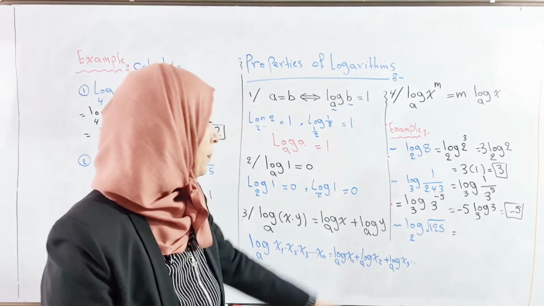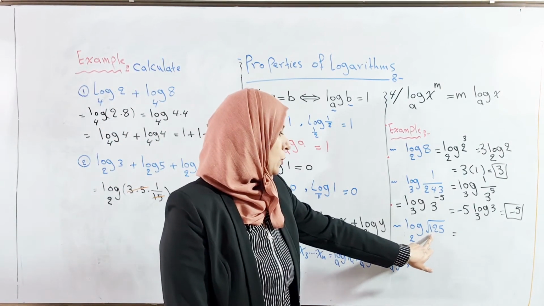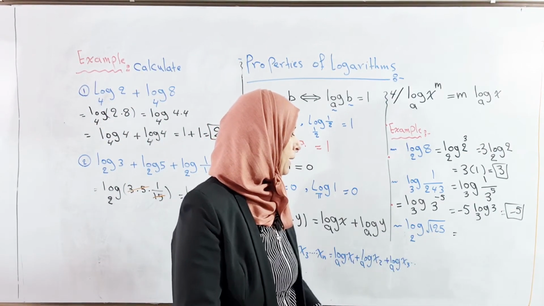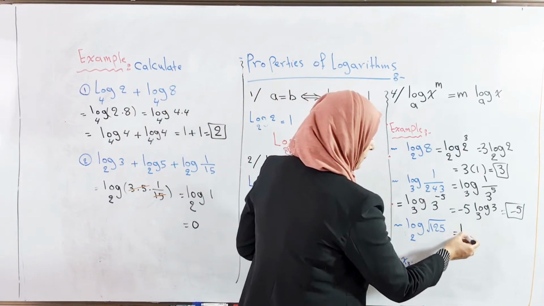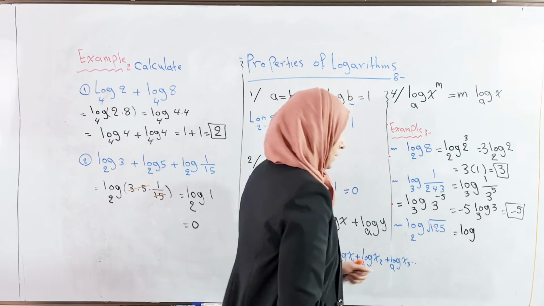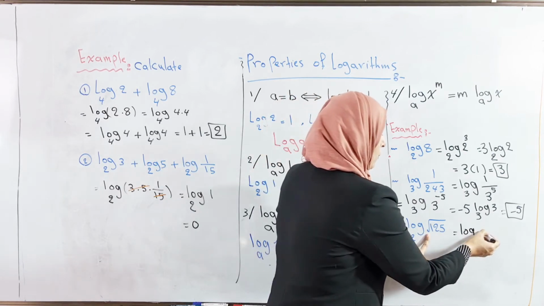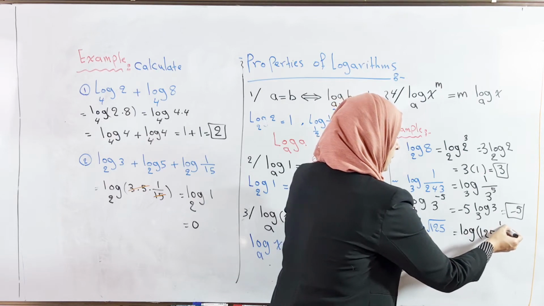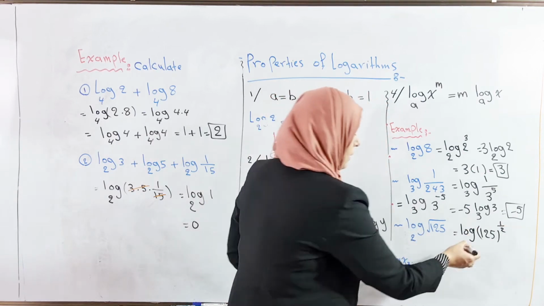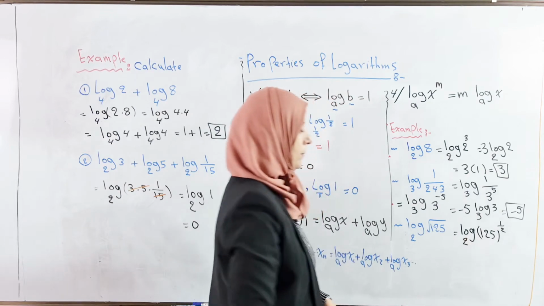Example number 3. Logarithm square root 125 for base 2. We can write it as logarithm 125 power 1 on 2 for base 2.